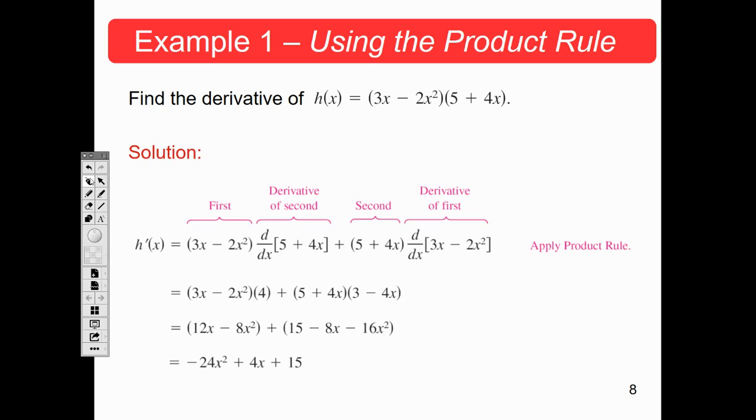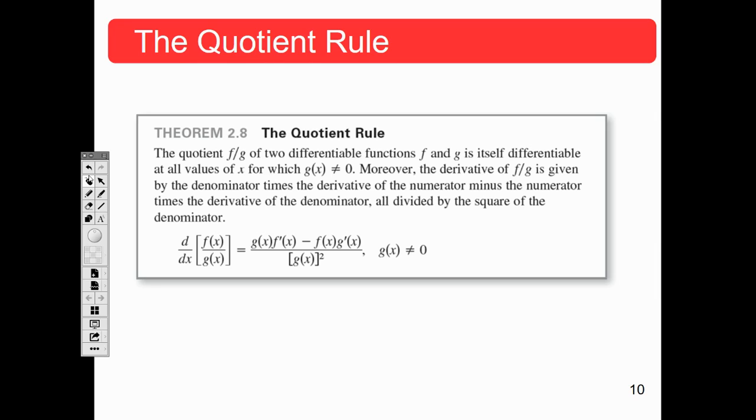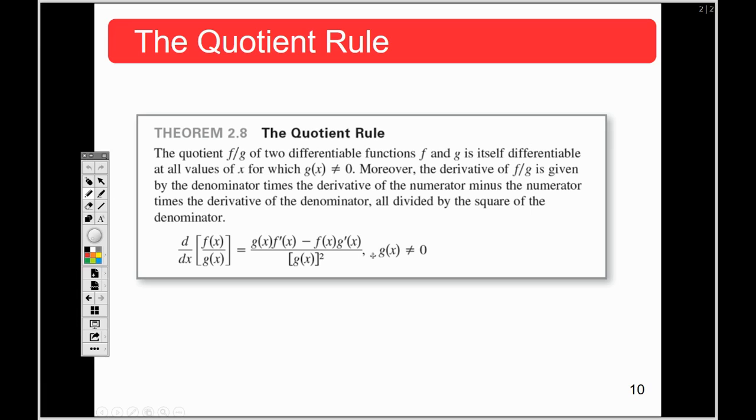Ta-da. All right, quotient rule. The quotient rule is a little bit more complicated in that we have a high part and a low part. This is like the numerator, the denominator. So the quotient rule is low d high less high d low all over the denominator squared.